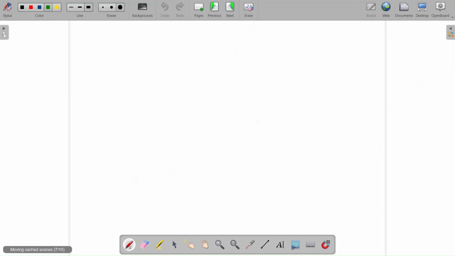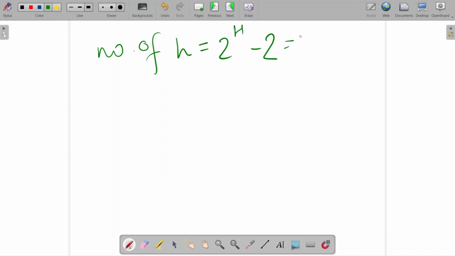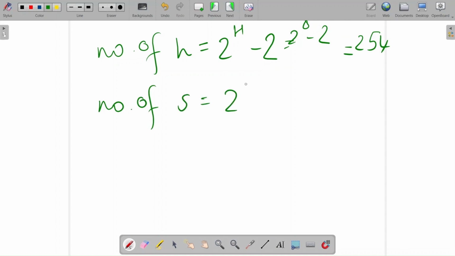Easy. Next part is obviously the number of hosts, which is 2 raised to h minus 2, which is 2 raised to 8 minus 2, which gives us 254. And the number of subnets, which is 2 raised to s, which is 256.